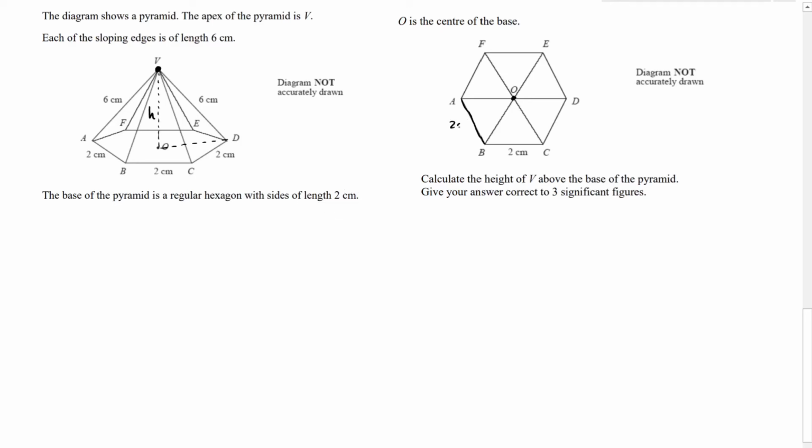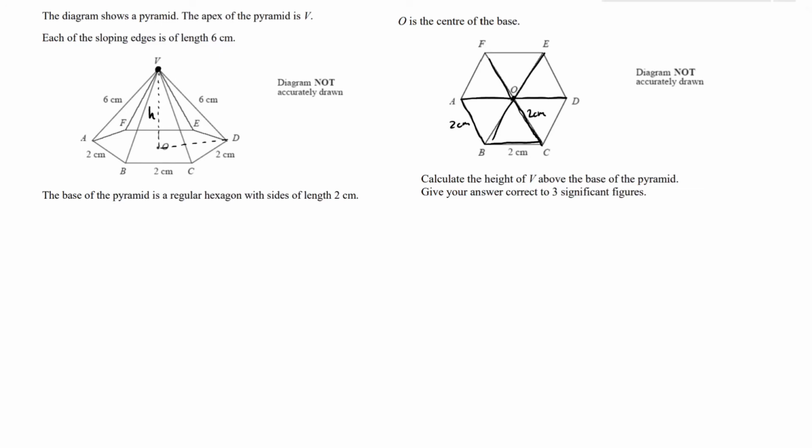So this is 2 centimeters, and I have a parallelogram here, which means that this side must also be 2 centimeters. Now that is all you need to know, because it tells you that if this from here to C is 2 centimeters, then here to D is 2 centimeters, here to E, all of these lines are 2 centimeters, which means that these are all equilateral triangles. So if it wasn't clear before, hopefully that proves it.